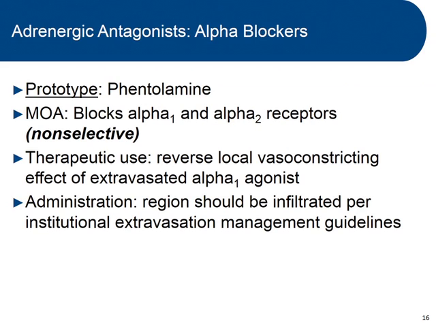If you are monitoring the IV site appropriately, you can detect that quickly, and you can use phentolamine as a reversal agent for that issue. The drug would be administered regionally. It should be infiltrated around the extravasation site per your institutional guidelines.